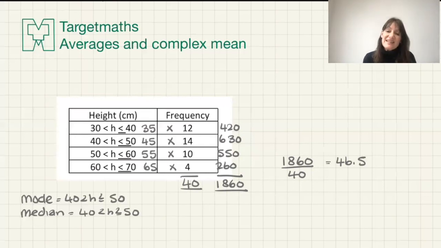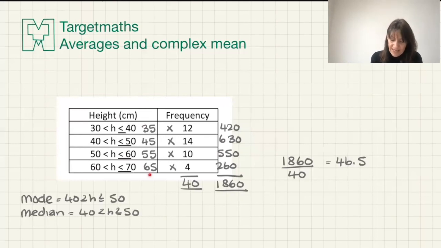Now, when you see this as a question, it is going to use the language estimated mean or estimate a mean from the table. Words along that line, but importantly, they're going to ask for the mean, but they are going to say it's an estimate. And it's nothing to do with the estimating that we did earlier on. We're not rounding to one significant figure or anything like that. We're not guessing.